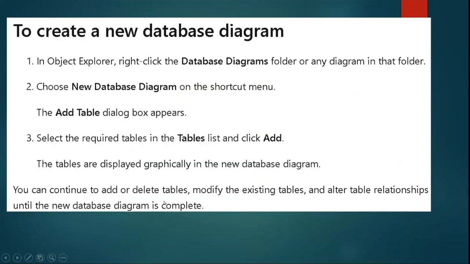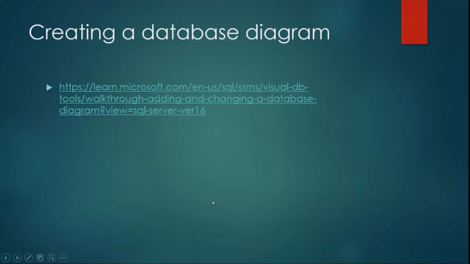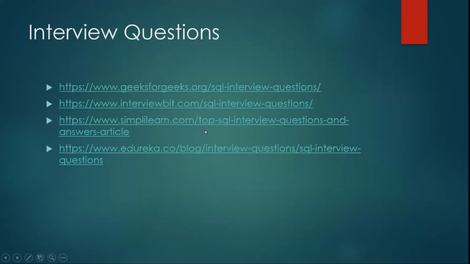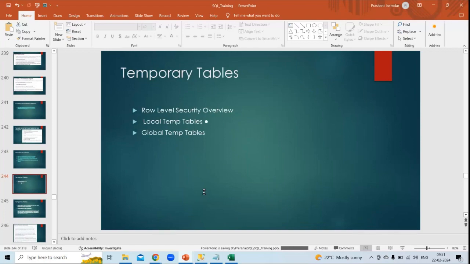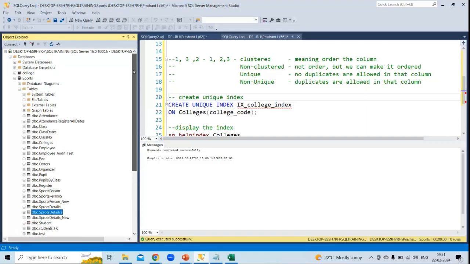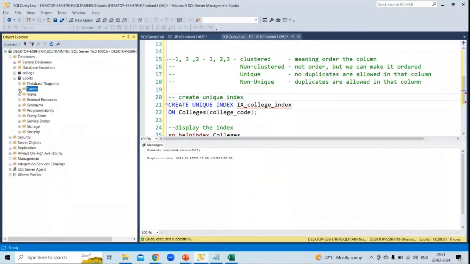So I will show you how to create a database diagram now. On any database, you can create a database diagram. For example, if I consider our sports database, in the first folder we can have our diagrams created.